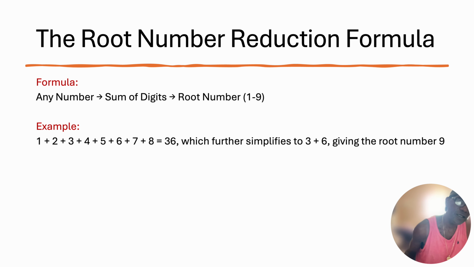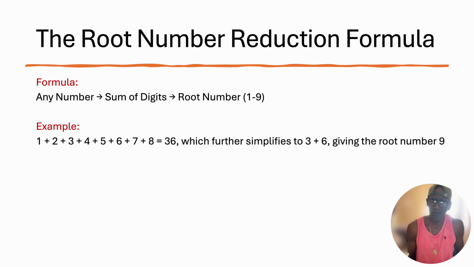So, as I conclude, I want to share with you the root number reduction formula. And what that is, that's any number, right? And then the sum of the digits, and then the root number, which will be 1 to 9. Okay?